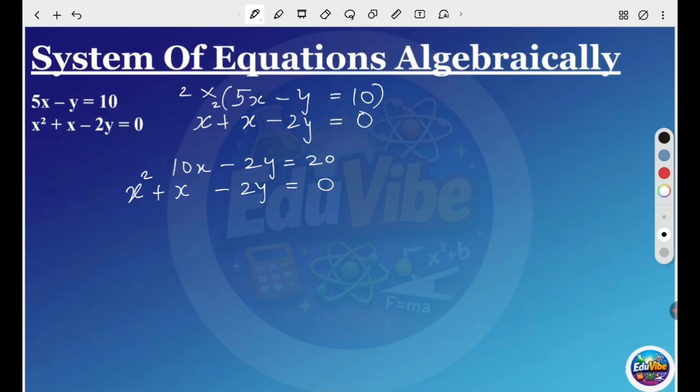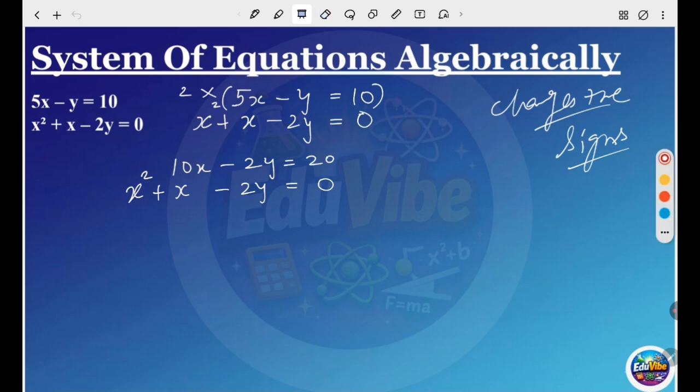Now you have to change the signs of these values to get the answer. Where we have an addition, we do the subtraction. Where we have a subtraction, we do the addition. Subtraction over there too, we have a subtraction.